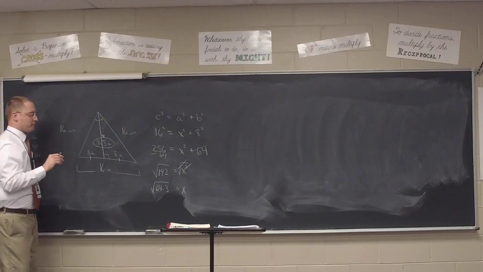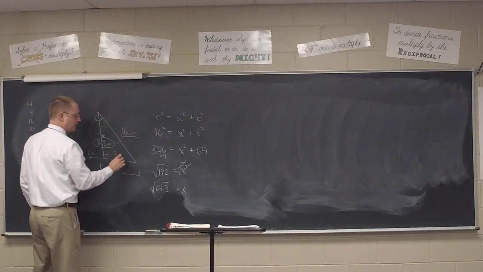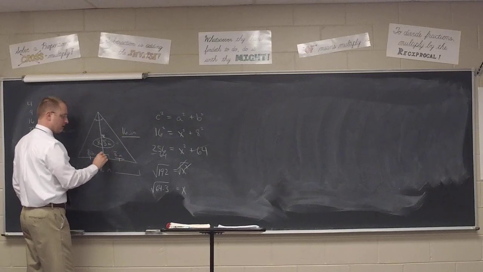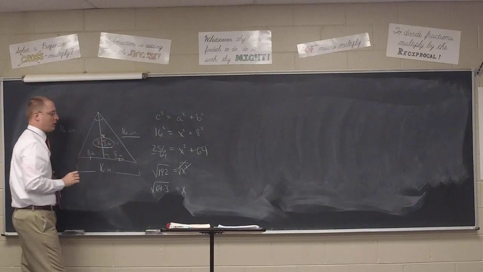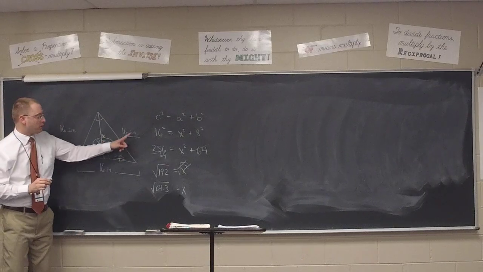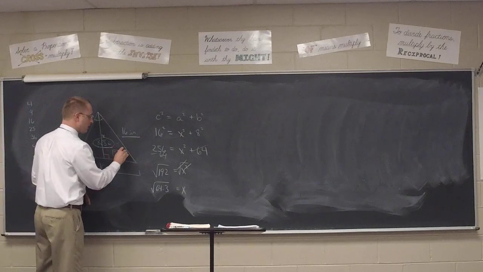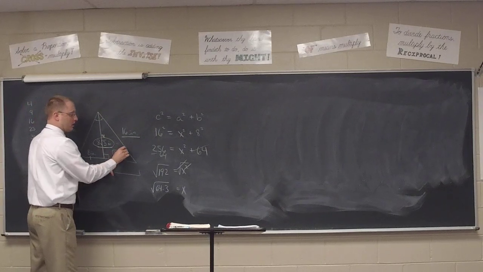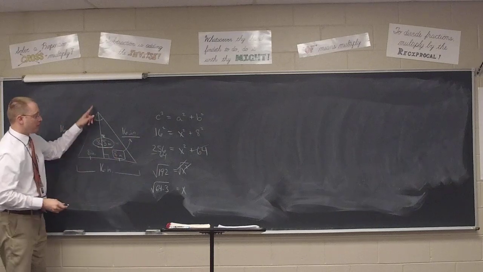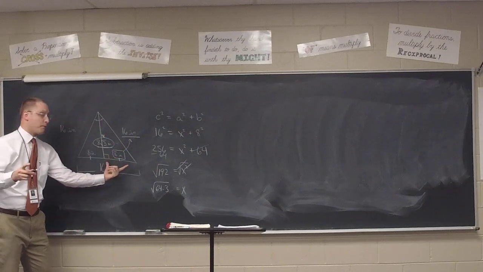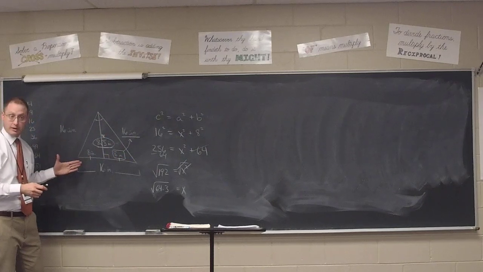Now, I want you to notice something. 16, 8, and then 8 times the square root of 3. These numbers have a little bit of a relationship with each other. If you were to start with this number 8, doubled would be the length of this side, of course, because the 8 was obtained by halving an equal side, right?